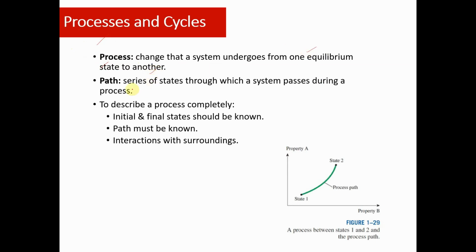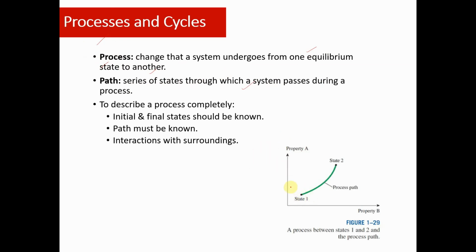Okay, a path is a series of states through which a system passes during a process. I'm going to give you an example. For instance, you have a cup of water, and you want to heat it so that the temperature will increase.